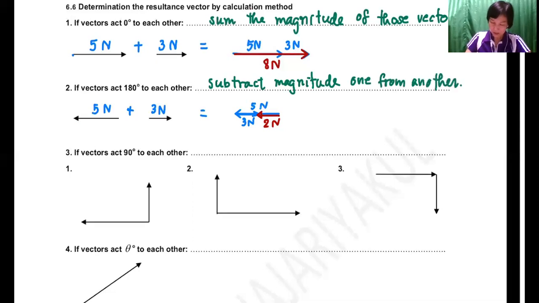And the direction of the resultant will be the same as the bigger one, or the longer vector.